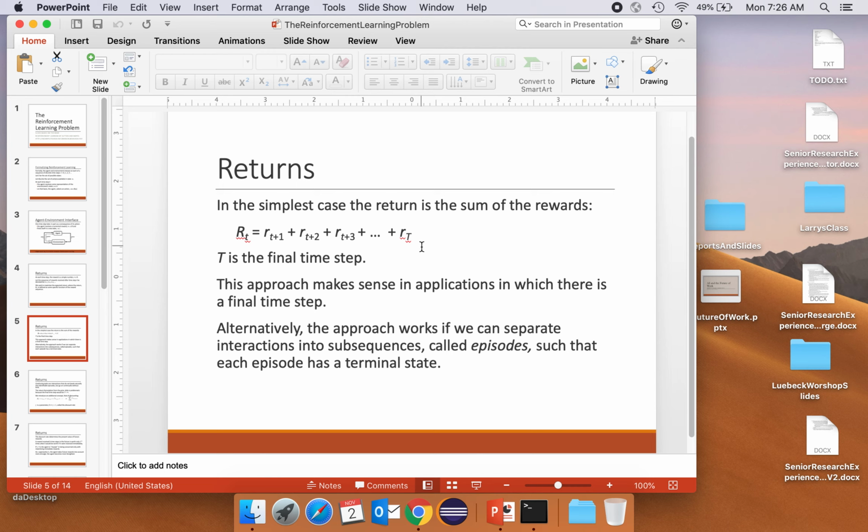If there is a final time step, then this formula here captures the entire reward. Now, sometimes there is no final time step. I talked about, say, graduation from college. You put a lot of effort into your classes, and sometimes the rewards are positive, sometimes they're not necessarily positive.